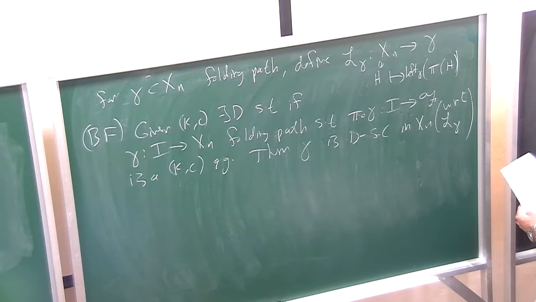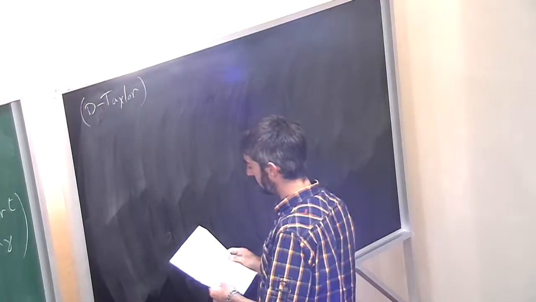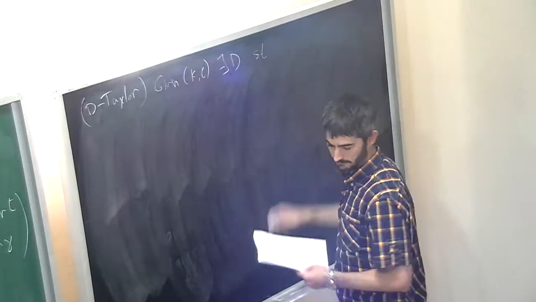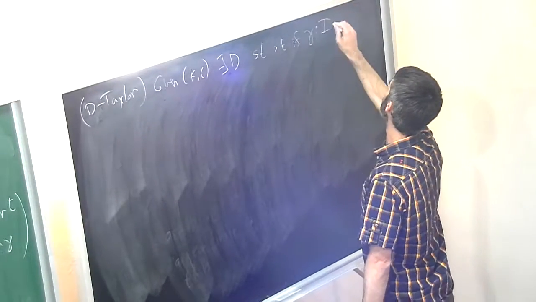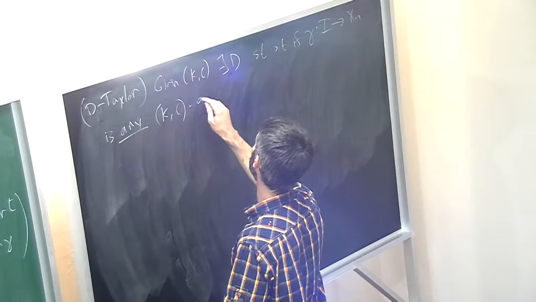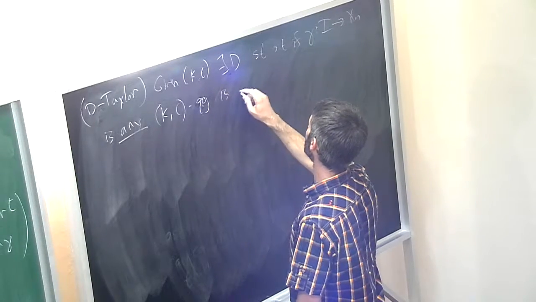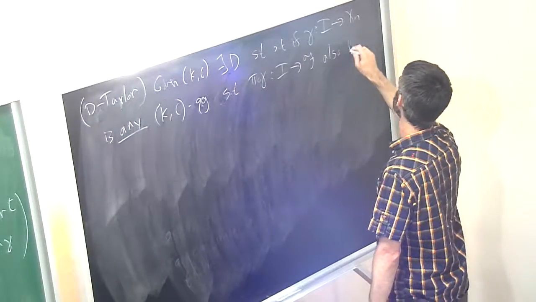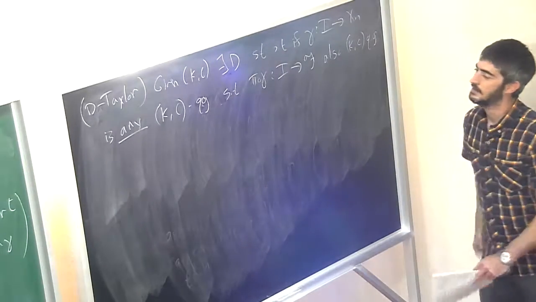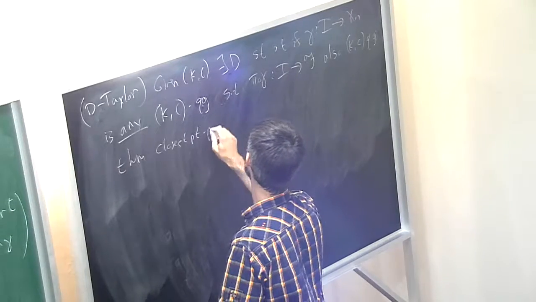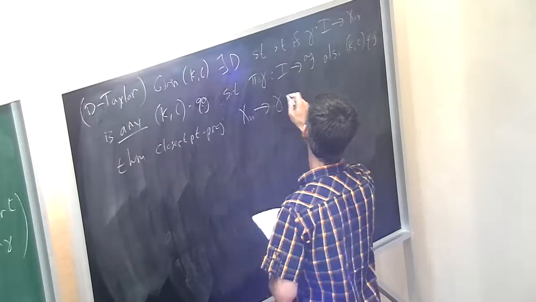So in work with Sam Taylor, we kind of souped this up a little bit to the following thing: given K, C, there exists a D such that if gamma is any K, C quasi-geodesic in outer space such that the projection to the free factor complex is also a K, C quasi-geodesic, then the closest point projection is D strongly contracting.